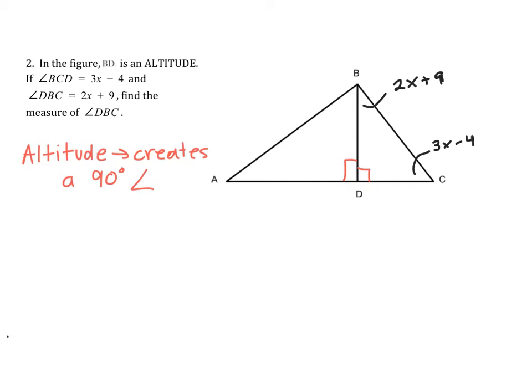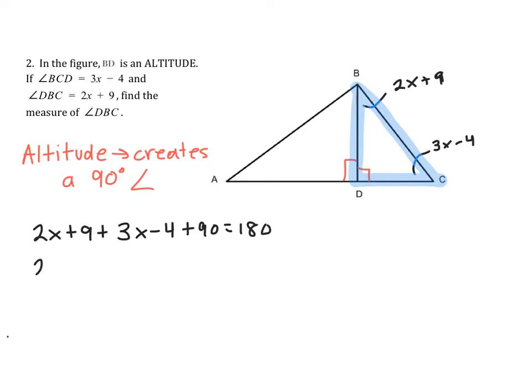In order for us to find DBC, we first need to find X. We can create an equation based on our triangle sum theorem, because we know that the three angles should add up to 180. So we have 2x plus 9 plus 3x minus 4 plus 90 equals 180.